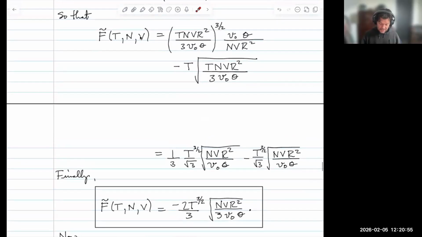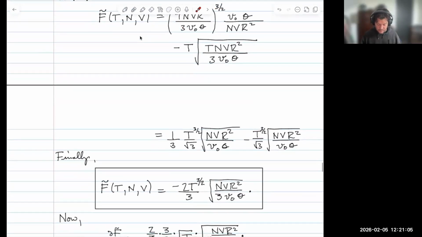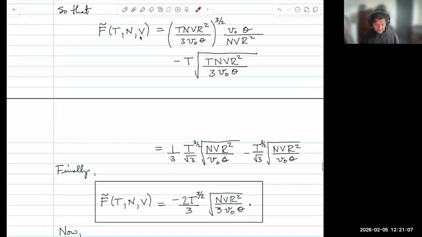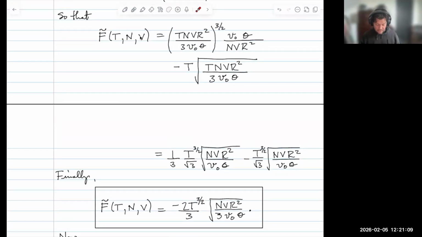Okay, now I should be able to simplify. This term here is the same as this term here, except the powers are a little bit different. So I'm going to pull out the common power, and reserve whatever else is left.